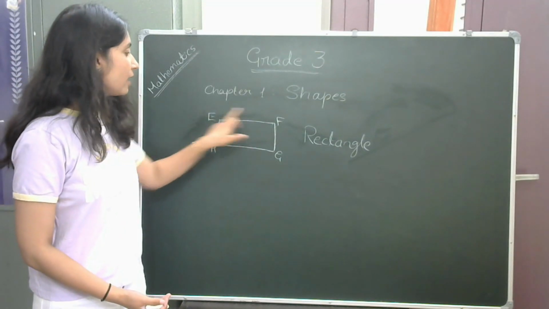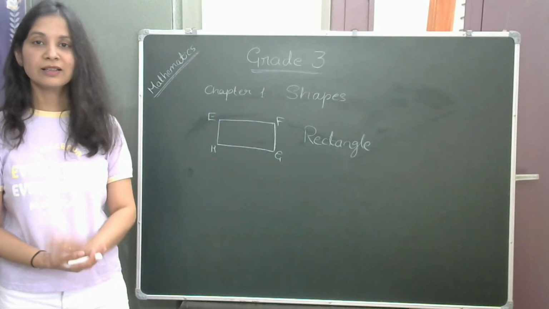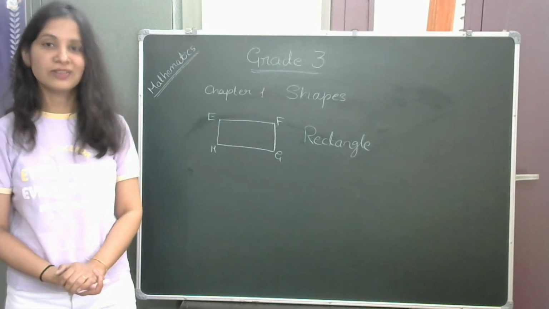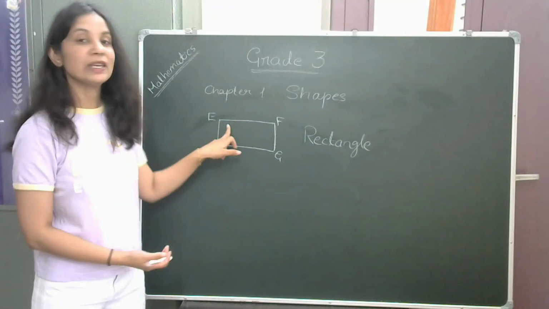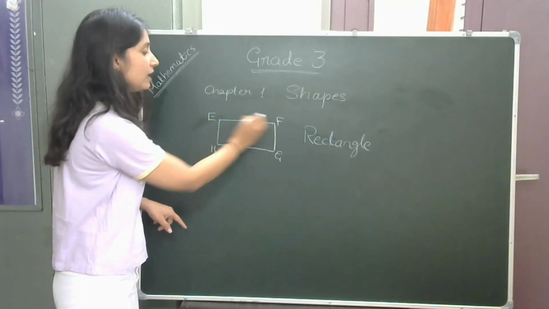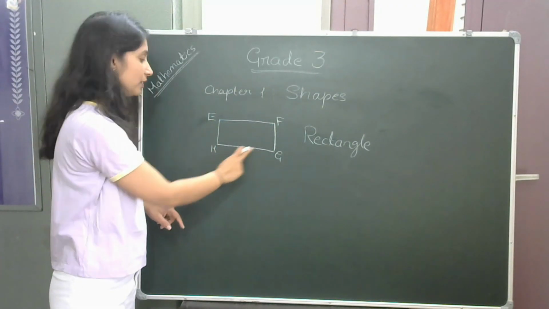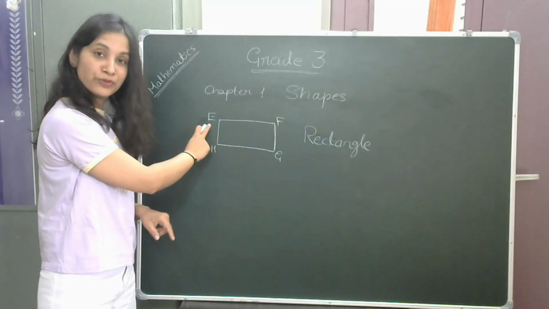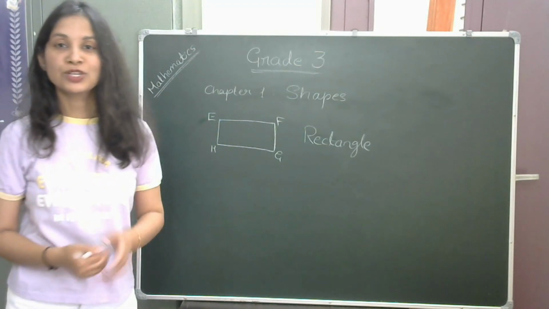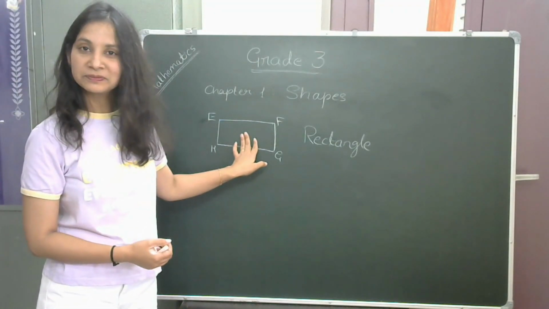And there are 4 points we have taken to join and create the lines, right? So we can say EF is a straight line, 1, 2, 3 and 4. We have used 4 straight lines to construct this figure.